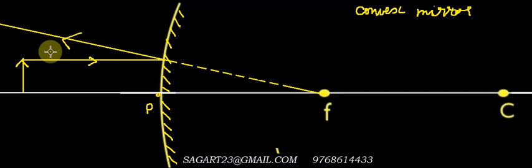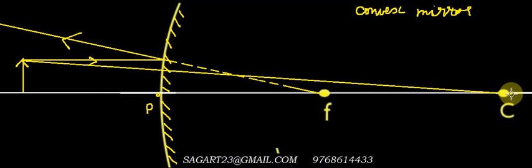Now we'll draw the second ray. For that we'll take the help of the property that the ray that is starting toward the center of curvature retraces its path. So the ray that is traveling along the center of curvature will come back along its path. This ray also has to be dotted.